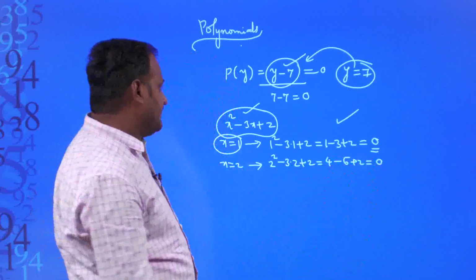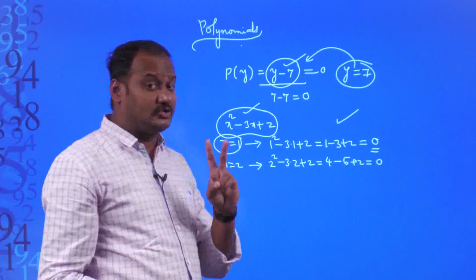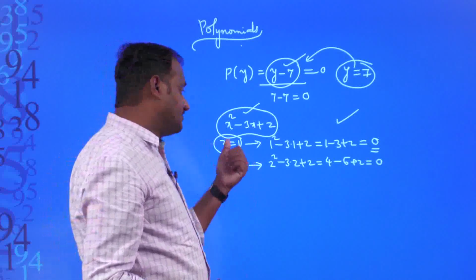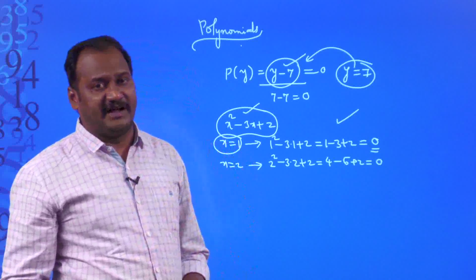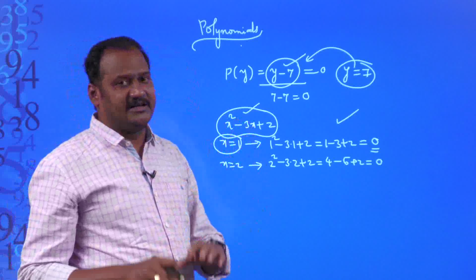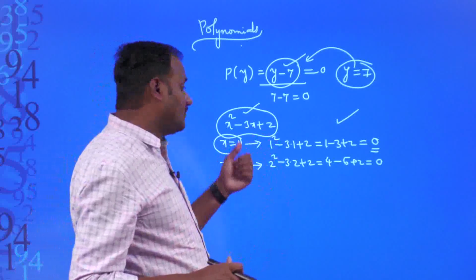It means this polynomial x square minus 3x plus 2 has two zeros. One of the zeros is 1 and the other zero is 2. I am pretty much sure that this polynomial has no other zeros. It has only the zeros 1 and 2.